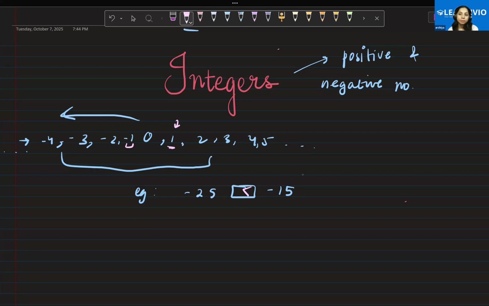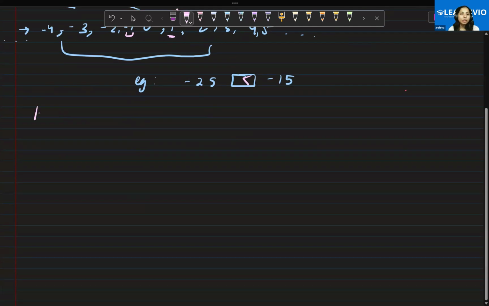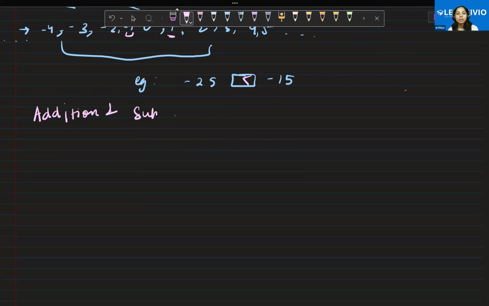Yes. Okay. So I'll just give a quick recap. So first of all, addition and subtraction of integers. Okay, so we have a few things.